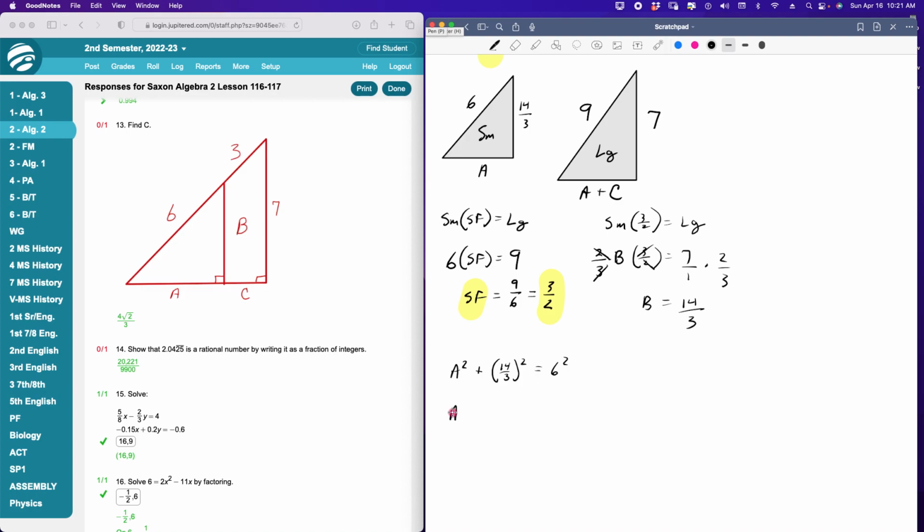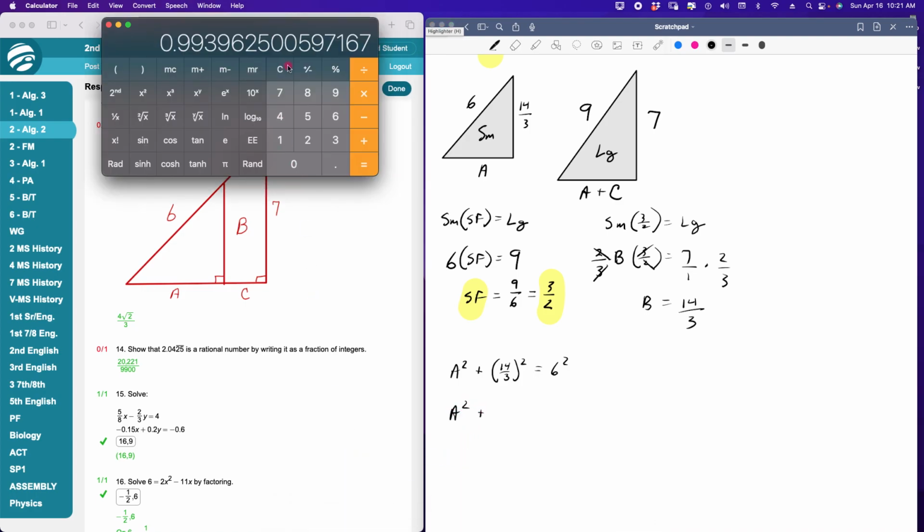So a squared plus, let's do 14 times 14 because I can't do that in my head. 14 squared is 196 over 9 is equal to 36.